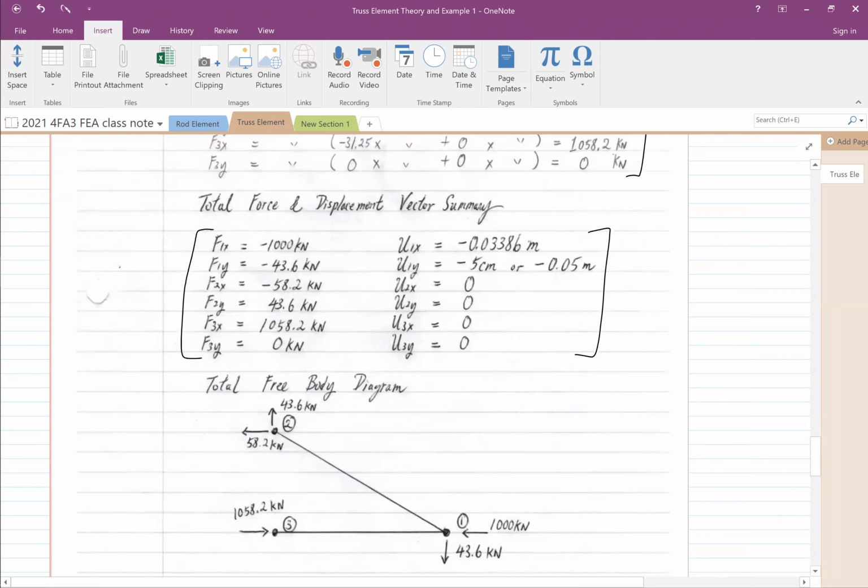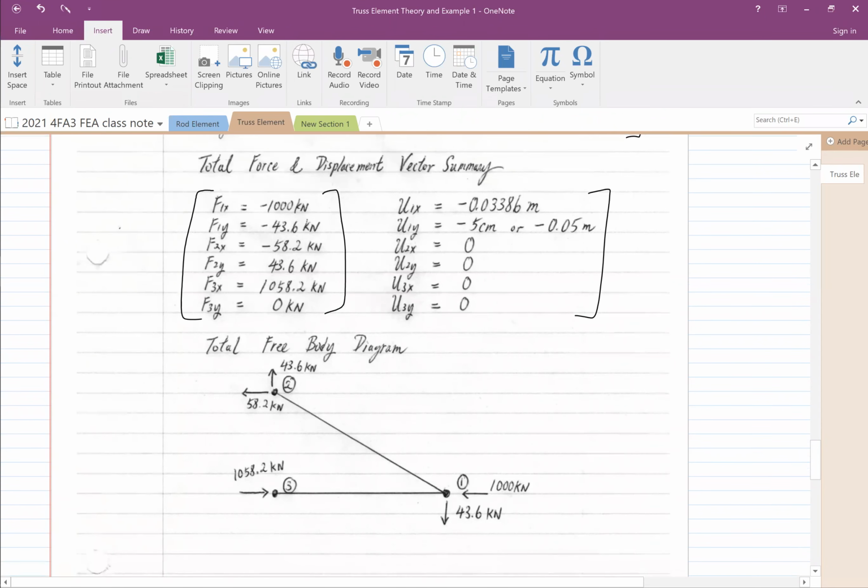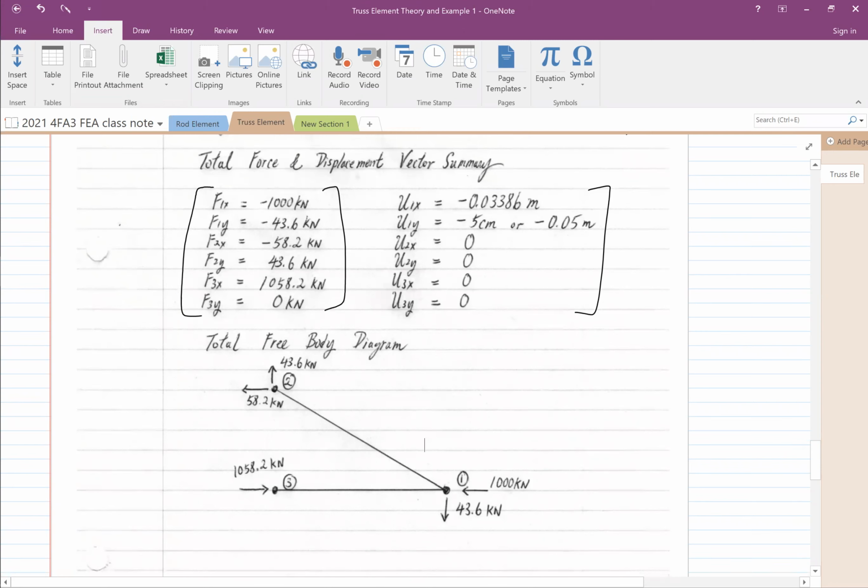Okay, one final step. You have all the forces, right? You write that into a free body diagram. Okay.